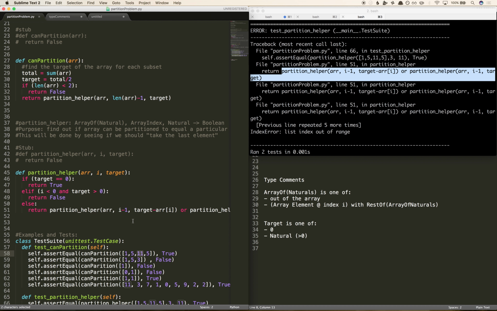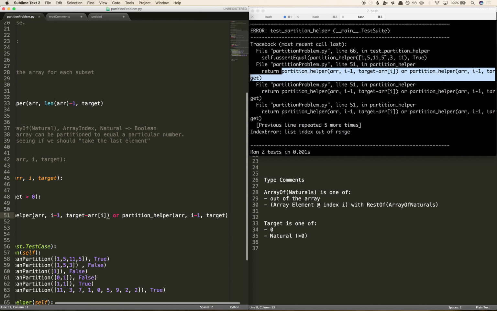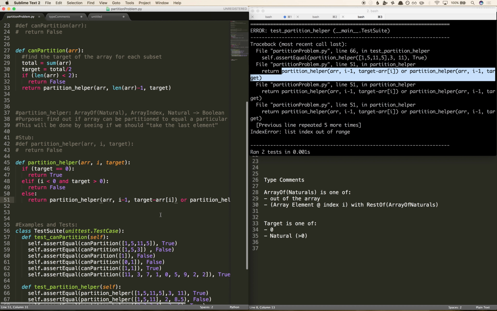As we can see in line 51, we're trying to see what happens if you take it and if you don't take it. So if you take the 11, then this first part right here of line 51 is going to deal with that case.